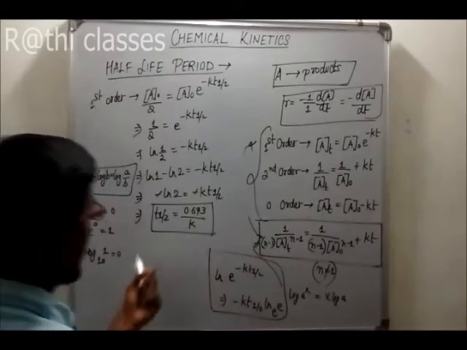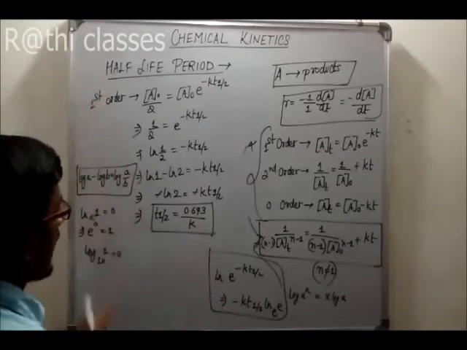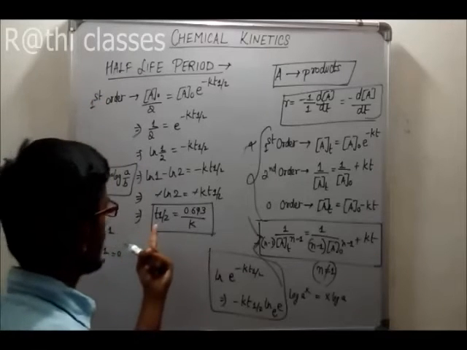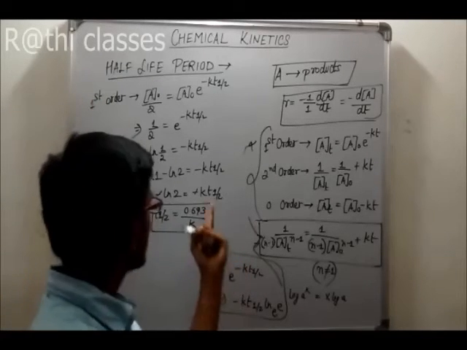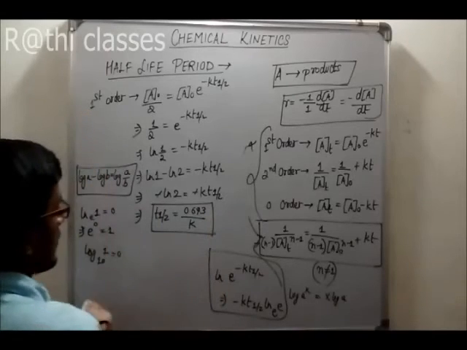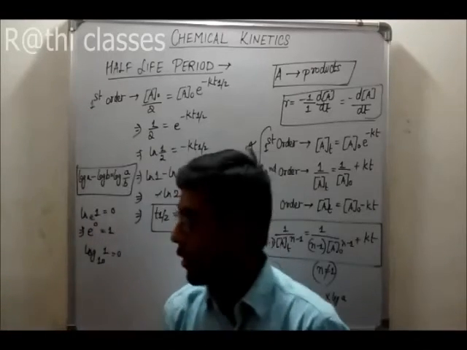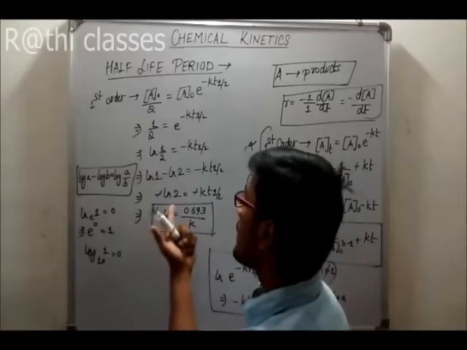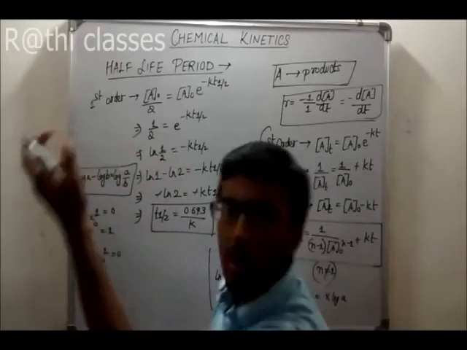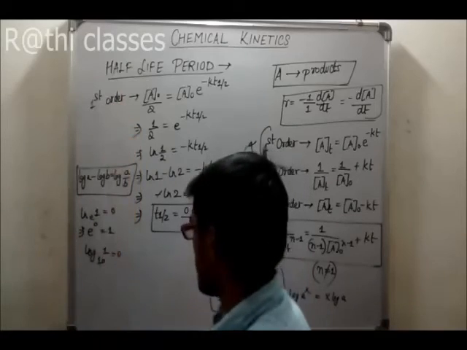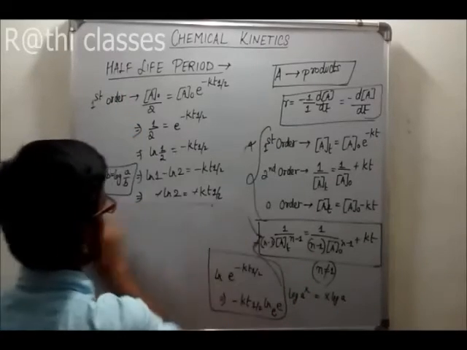So we got the value of T half for first order kinetics, and we see that the value of T half is independent of the initial concentration. In the first order reaction, the value of T half is independent of initial concentration. So if in the question it says that for a reaction the value of T half is independent of the initial concentration, then we need to understand that it is a first order reaction, right?